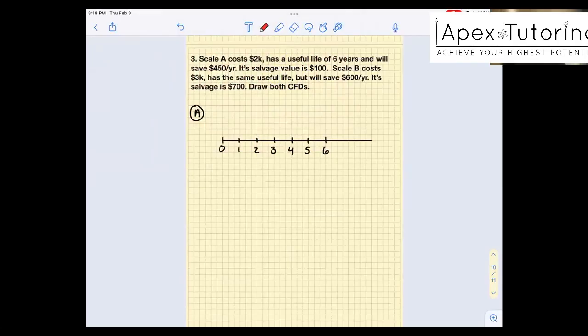Arrow down at 0. Good. How about the 450? Arrow up at 1 and connect it with 6. Good. How about the 100? Arrow up at 6. Good. Questions about that?